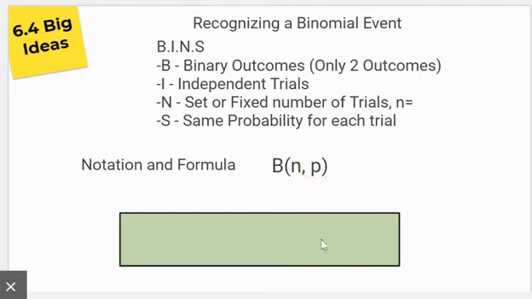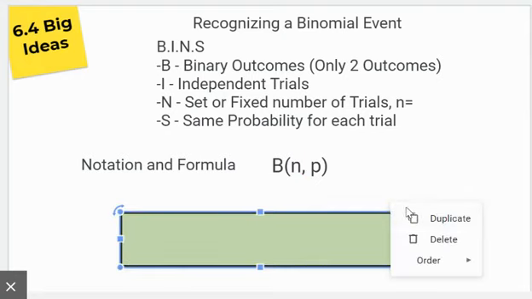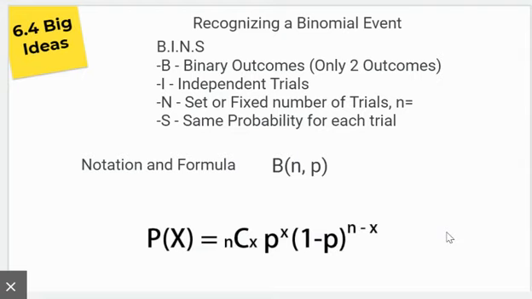And then finally, we look at our formula. Now, my expectation is that you've watched the lesson video or you've gone through the lesson in class, and I don't have to identify every single part of this formula.